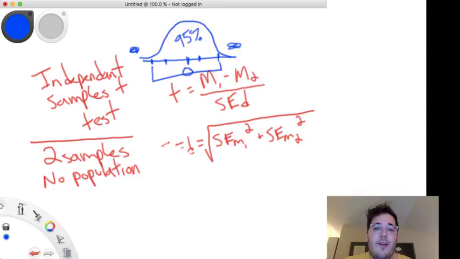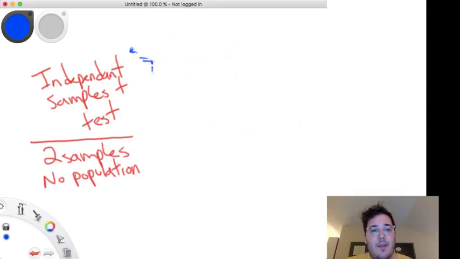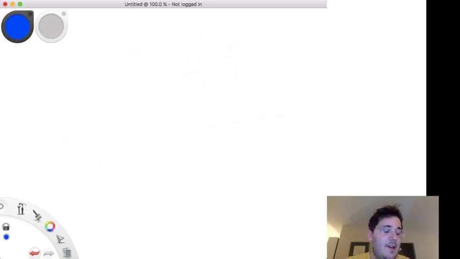So far, for all 3 of these tests, what kind of data did you need to do them? Well, you would need interval ratio data, right? You would need some sort of continuous variable where you can calculate means and standard deviations, something like height or weight, where you can measure it down to hundreds of thousands of decimal places, some continuous variable. But then after we did the independent samples t-test, we moved into something a little bit different that doesn't require interval ratio data.